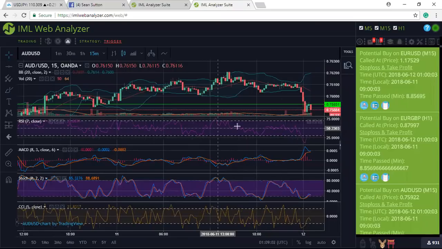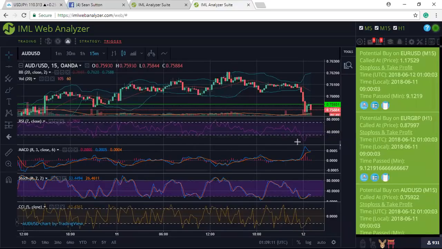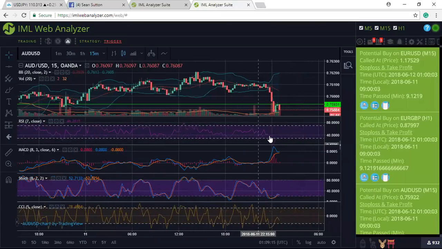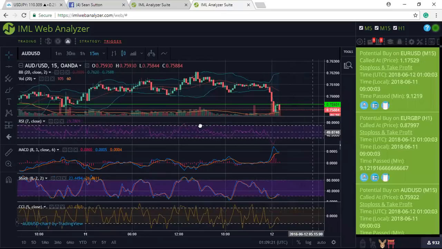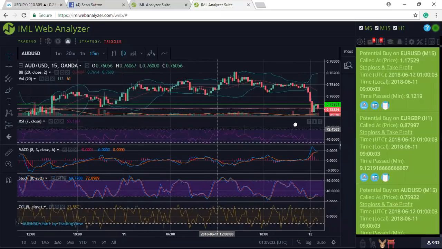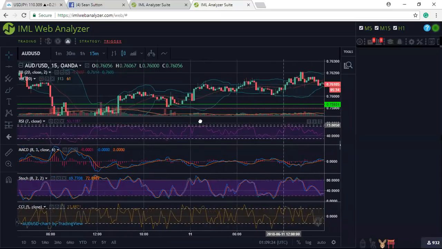RSI, anything above 70. RSI is a relative strength index. It's going to let you know what areas of the market are in overbought or oversold territory. Anything below 30 is going to be oversold territory, meaning that selling will slow down sooner or later when it's in that area. Overbought territory means it is in bullish territory. That is above 70.